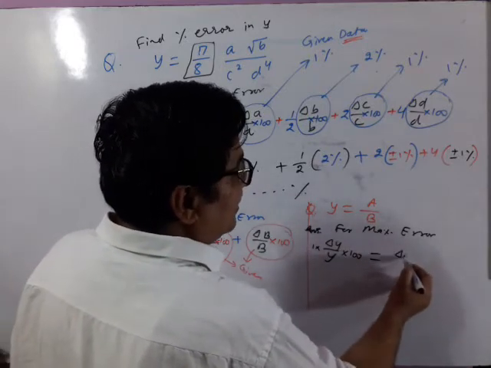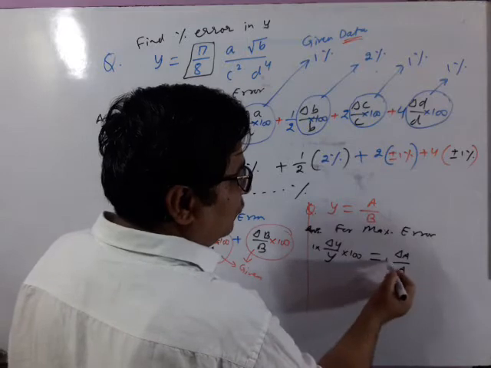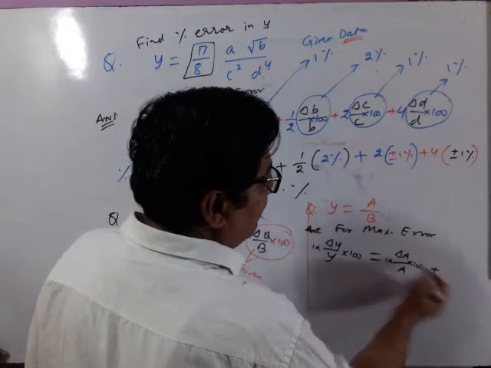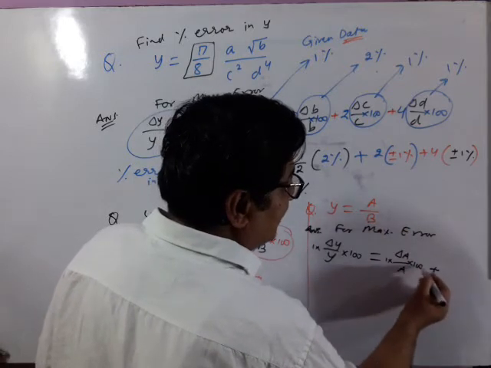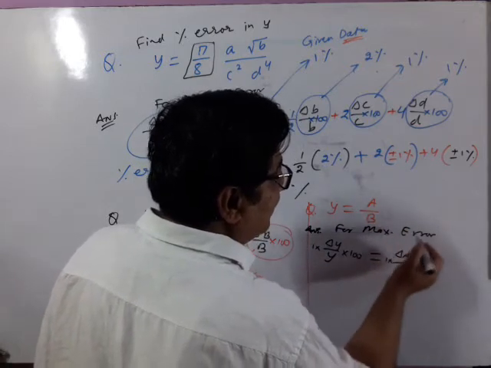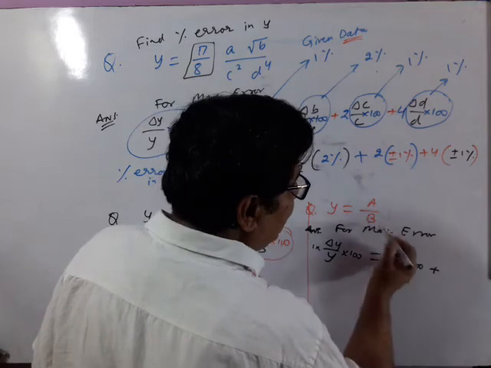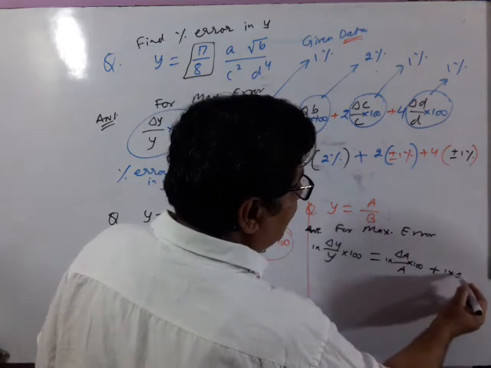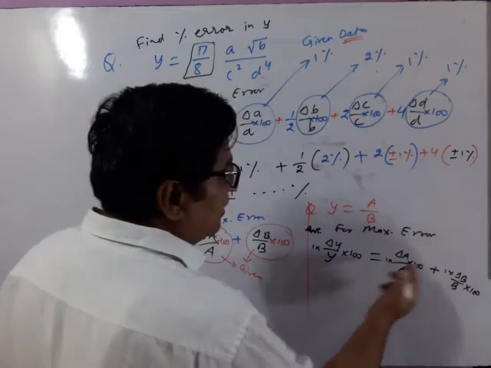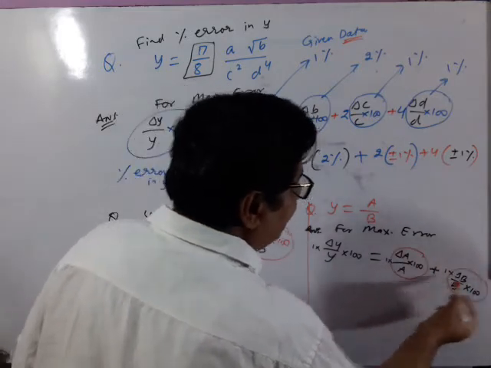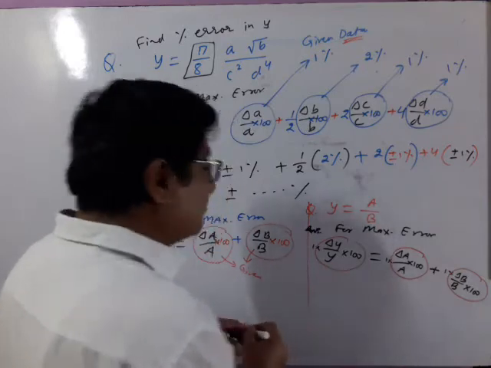If it is A, delta A by A. Power 1 into 1 into 100. Plus it is B, whether multiplied or divided, don't worry, put plus sign. Since we always find max permissible error. So B raised power 1 into 1, delta B by B into 100. Now you know the formula. It is percentage error in A, percentage error in B, and it is percentage error in Y.